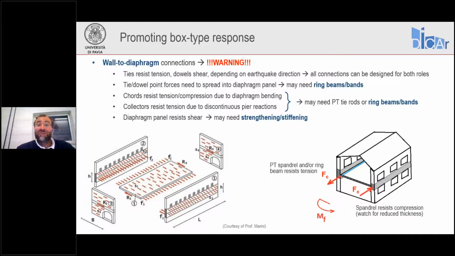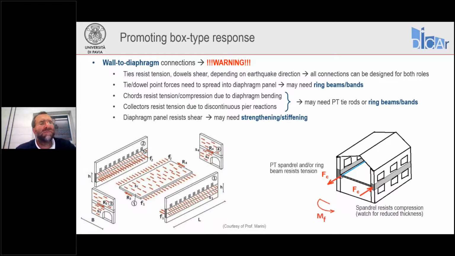So we may take advantage of post-tensioning through tie rods to resist chord and collector tension forces, but in many cases, we take actually advantage of ring beams that are basically serving two roles, distributing tie and dowel forces into the diaphragm and providing tensile strength for chord and collector elements. Finally, we may need to strengthen and stiffen our diaphragm for shear. So you see, connecting the diaphragm may not be enough.